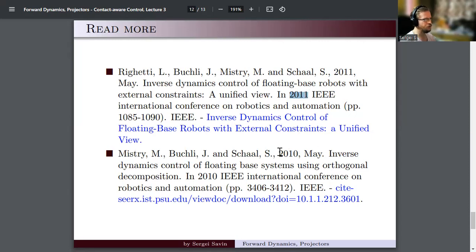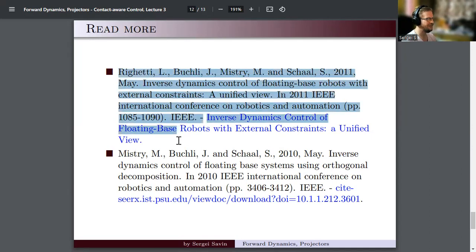These are 2011 papers, 12 years old, and for modern students this may sound old, but it used to be cutting edge, and the field for inverse dynamics has not changed much since then. We still use those approaches, so it's not outdated for sure.